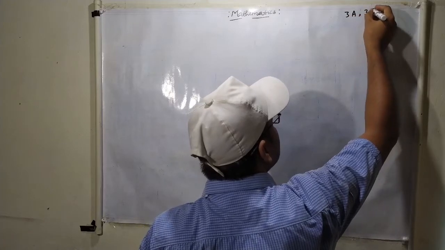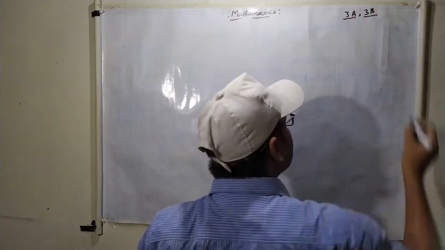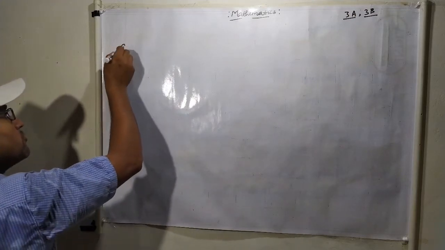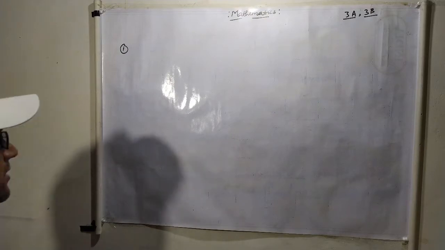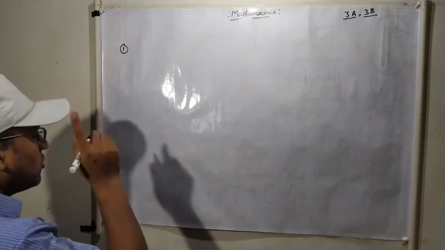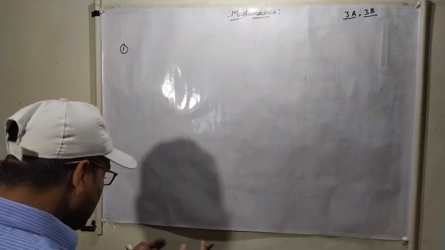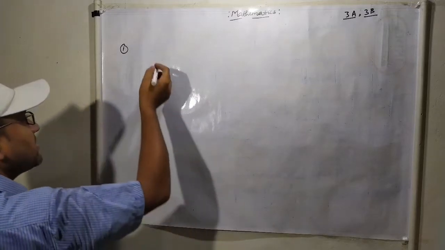Today I will discuss the questions of exercise 3A as well as 3B. So, one important point: how to change unlike decimals into like decimals. Very important, you should always remember this.